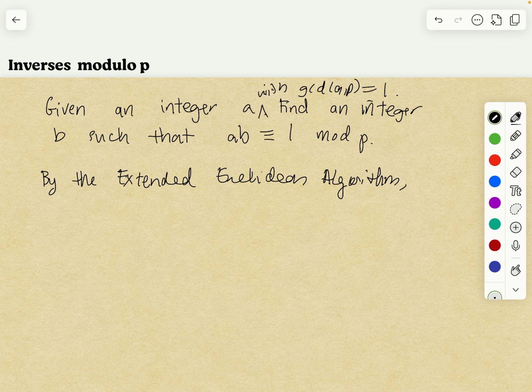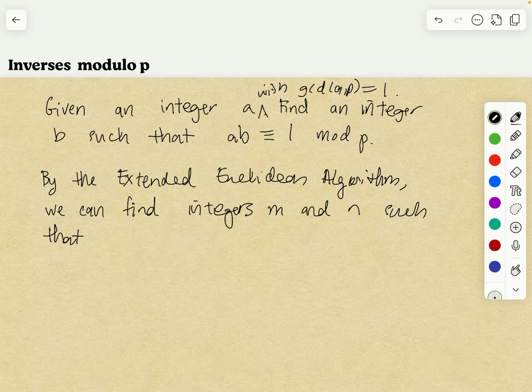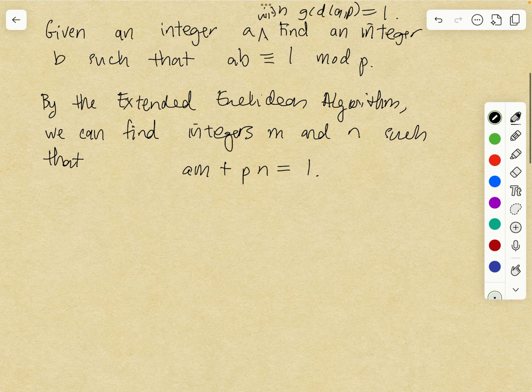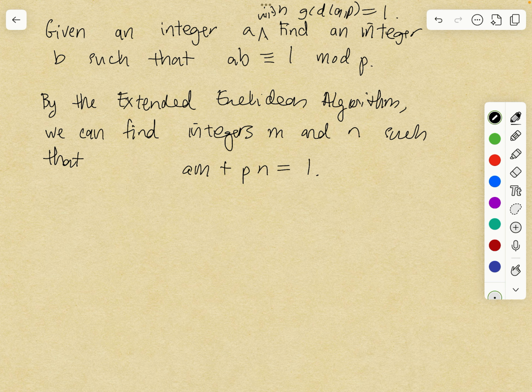By the extended Euclidean algorithm, we can find integers m and n such that a times m plus p times n equals 1. Now when we reduce this equation mod p, we take the remainder when you divide by p.